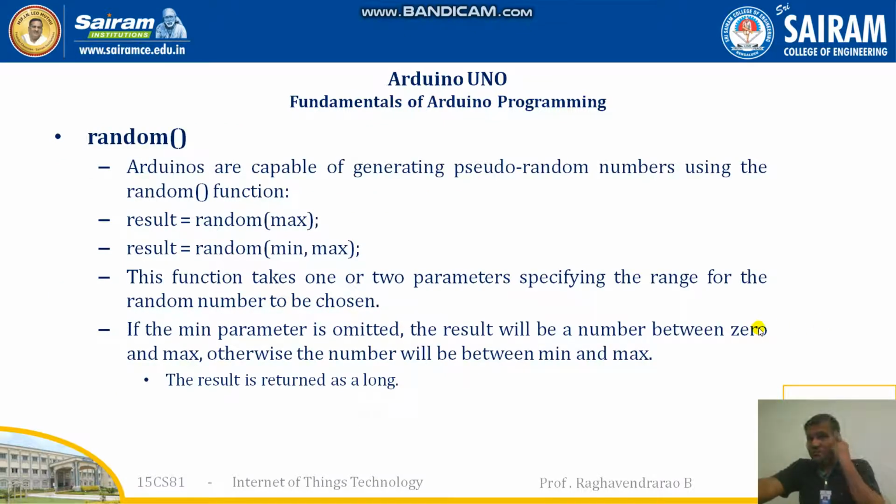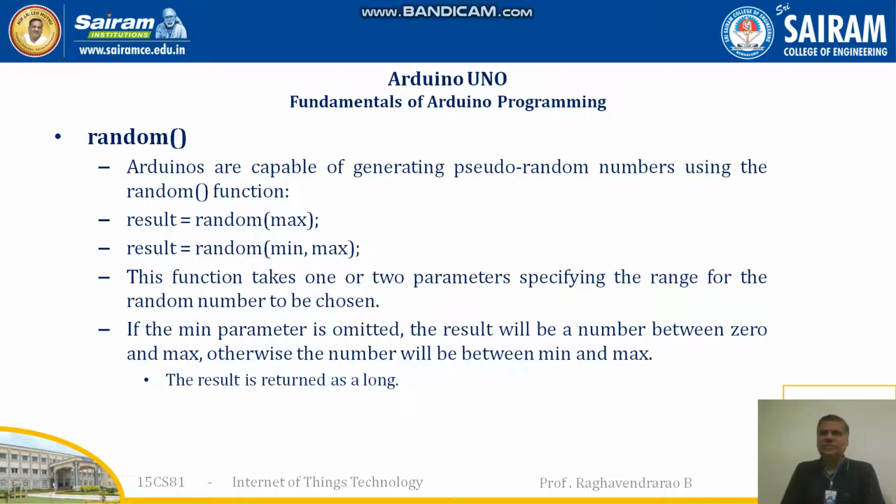Then random numbers, random generation, or random values. So random is one of the functions. It is capable of generating pseudo-random numbers using this particular random function. It can use a single variable or multiple variables. So with a single variable, result equals random(max), where it is going to be stored.